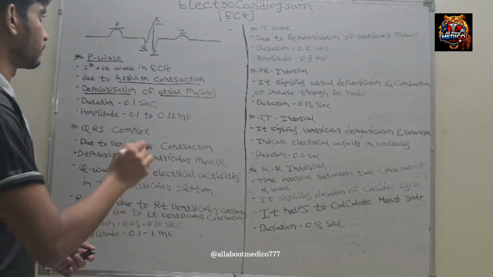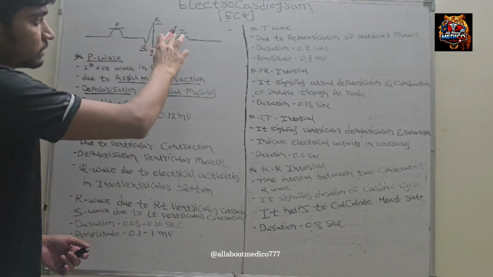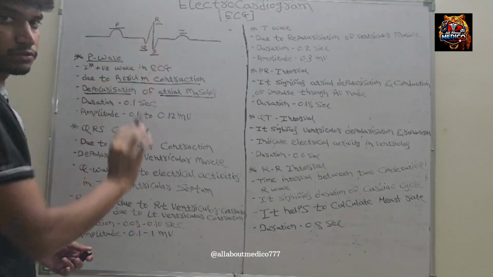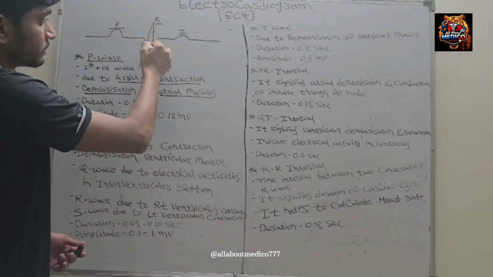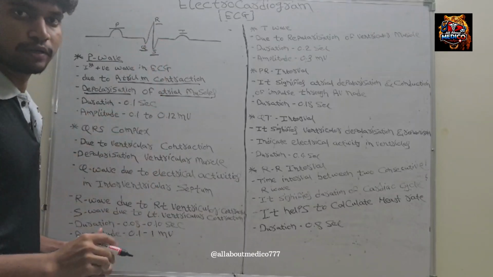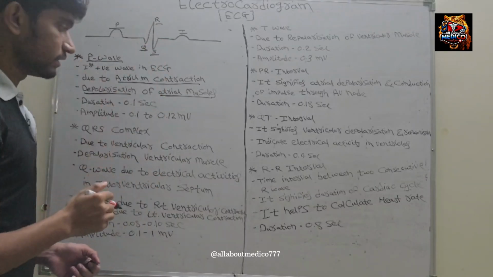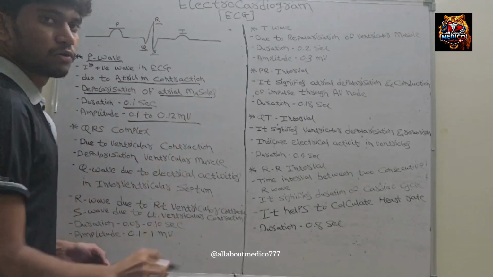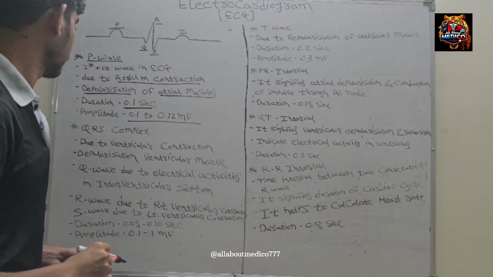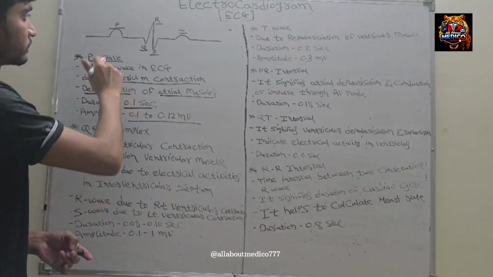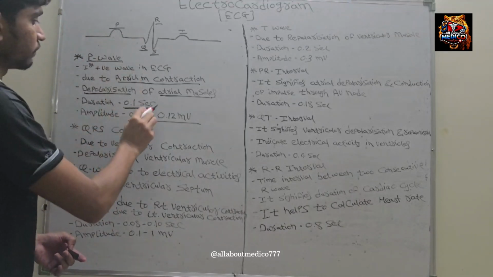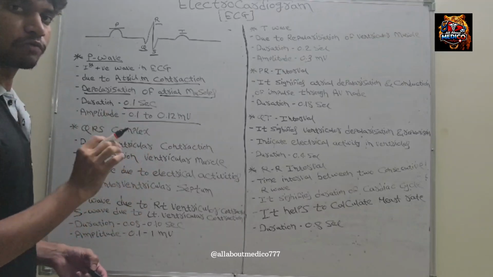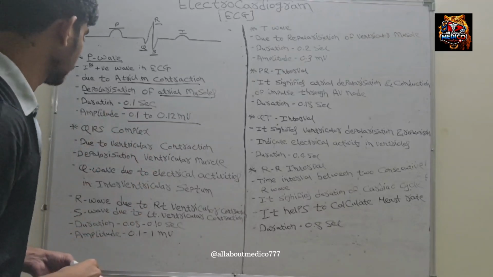It is the first positive wave. The P wave is a positive wave, the Q wave is negative, and the R wave is also positive. Its duration is 0.1 second and its amplitude is 0.1 to 0.12 mV.